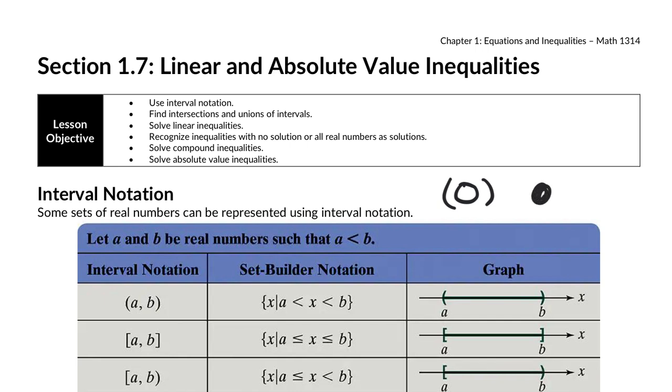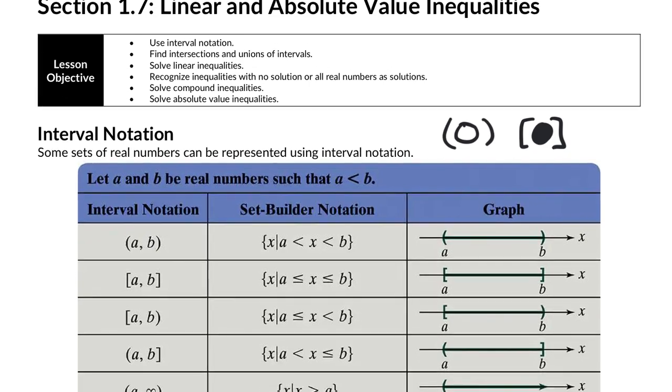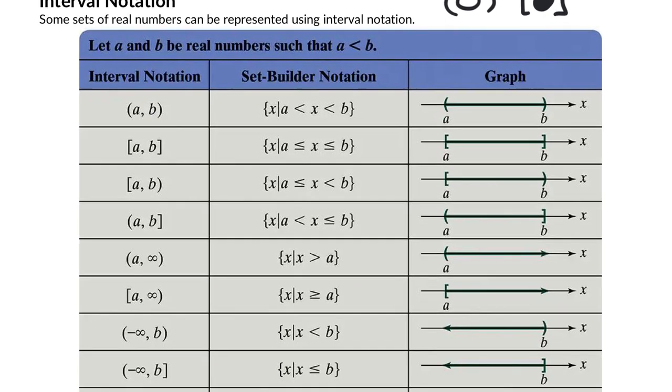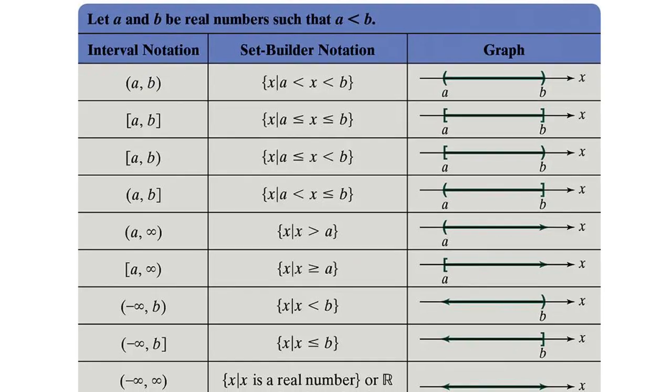And if you have a filled in circle on a graph or the number is included, you would use a bracket. So again, on our graphs, we're going to be using those brackets as well. You can kind of see here in this table all of these types of intervals, set builders, inequality notations, and graphs that you can have, any combinations. But there's some patterns here to notice.